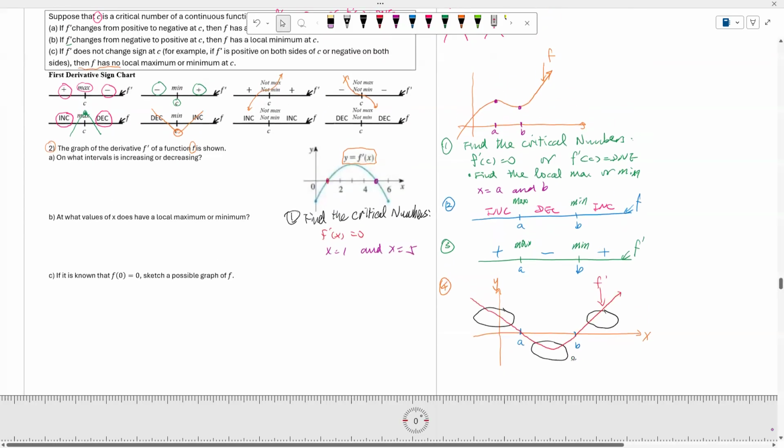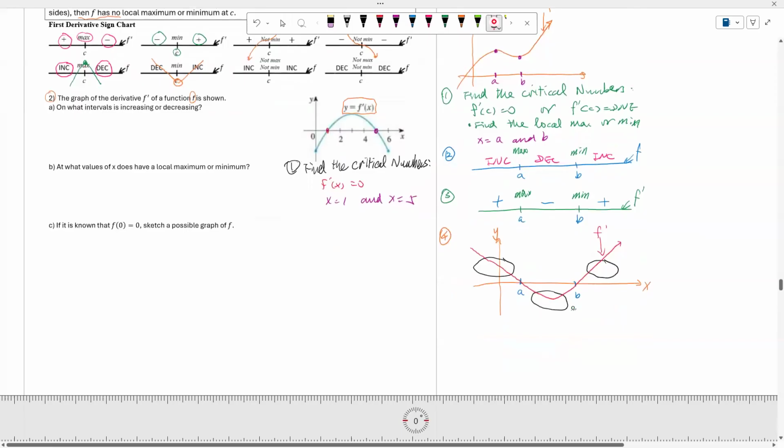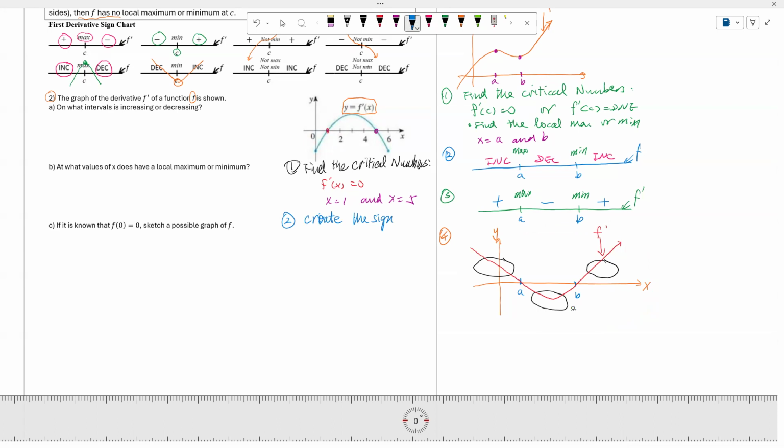So we actually, again, work with this step first. Okay. And now, how about my step 2? Step 2 is I would like to create the side chart for F prime.